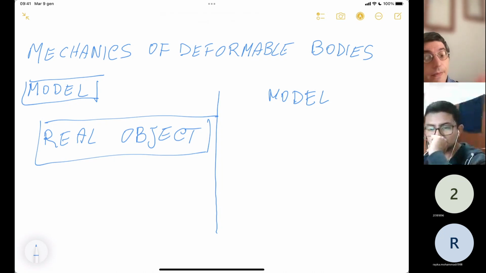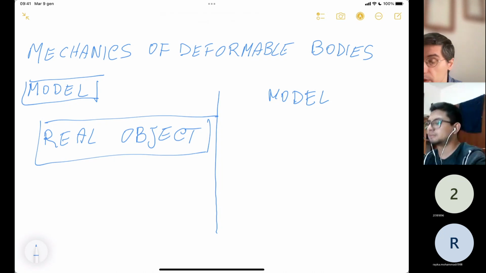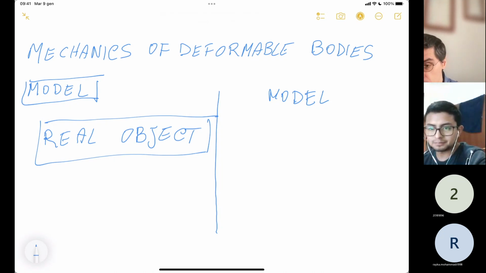Because the real object can be modeled by different models. So if you confuse the real object with the model, you can have some trouble.